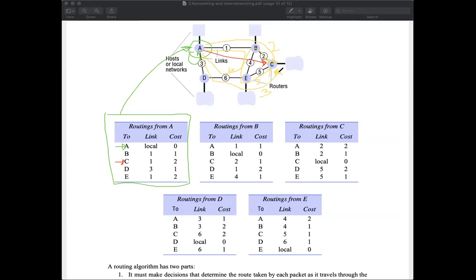So we have 4 possible paths, with costs 2, 4, 3, and 3, right? Then we will pick the shortest path, where the cost would be 2. We pick that one.